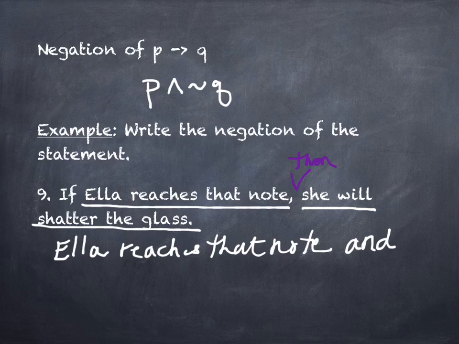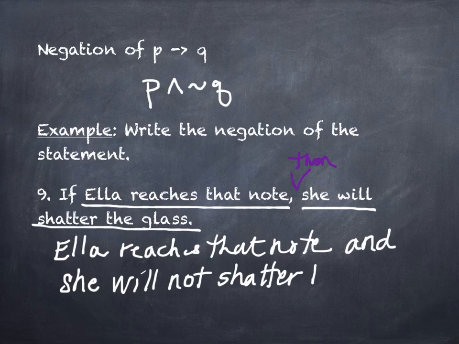And then tilde Q, so if she will shatter the glass is Q, then tilde Q would be she will not shatter the glass, or she does not shatter the glass, perhaps. We'll write it the way I said first. She will not shatter the glass. And that would be the negation of the statement that's listed.